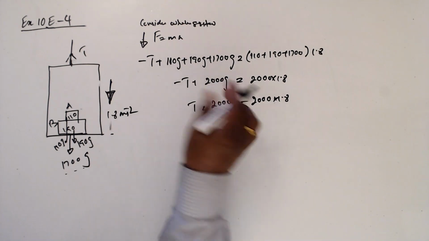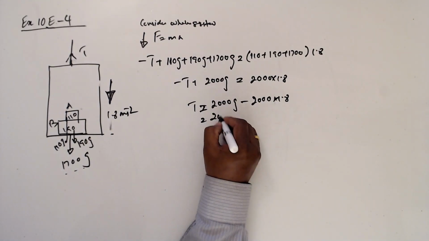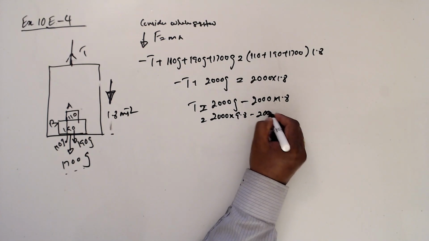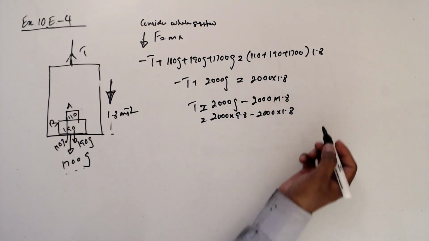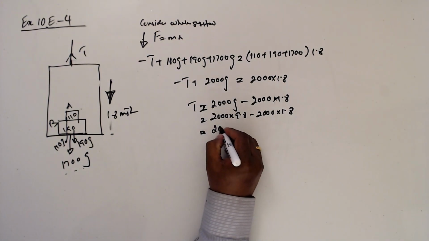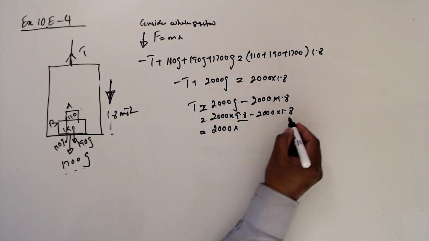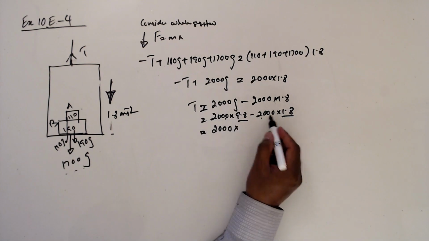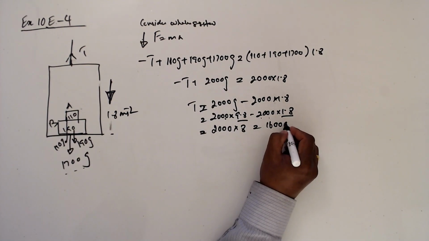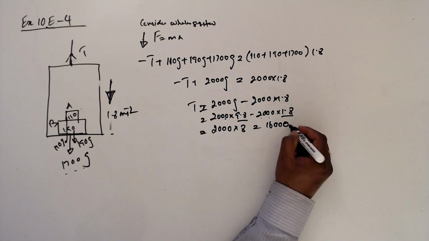This is 2000 times 9.8 minus 2000 times 1.8, which is 2000 times (9.8 minus 1.8), so 2000 times 8. This is going to be 16,000 Newton.